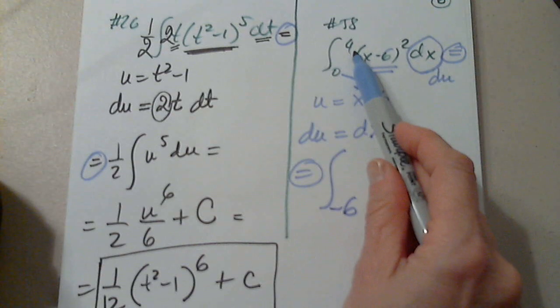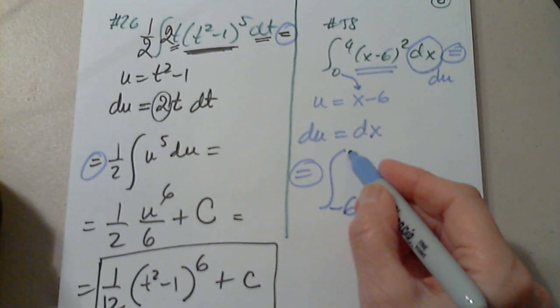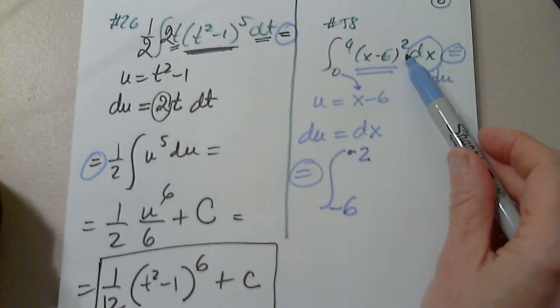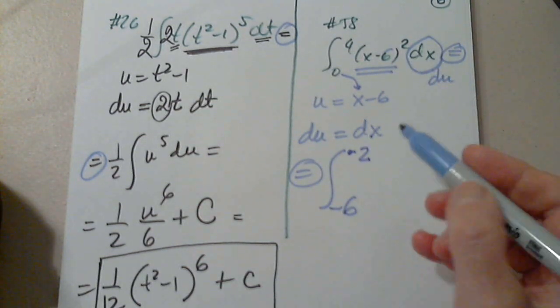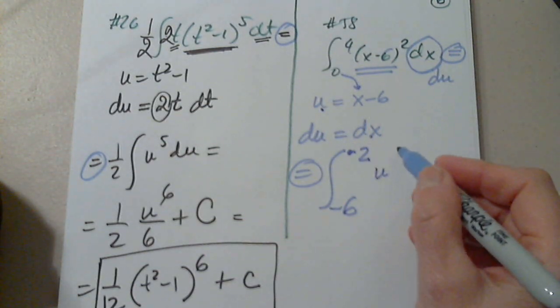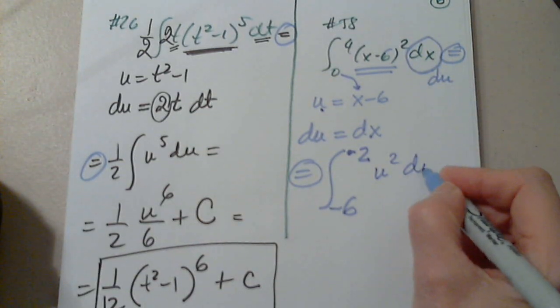Perfect. When x is 4, u is? -2. Perfect. So now what do I replace (x minus 6) squared by? u squared du. Very good.